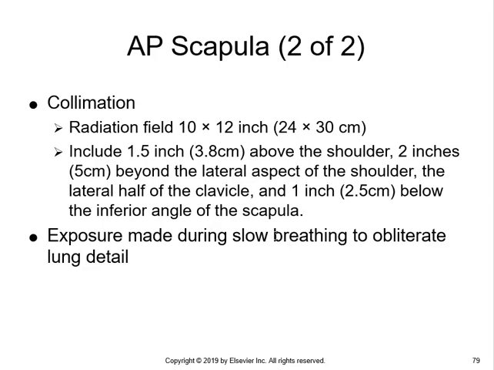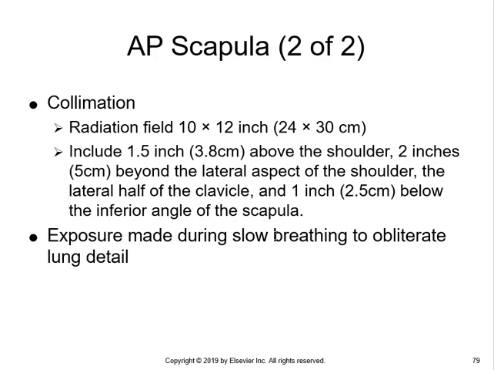So the technique that you would use for the AP of the scapula is going to be so low that you're not really going to have the ability to get like a 3-second breathing technique like what you would use for transthoracic. So in things like ribs, if you wanted to have the patient breathe to blur out some of those lung markings, basically what you would do is have the patient take in a big deep breath and slowly blow it out and make your exposure while the patient exhales.